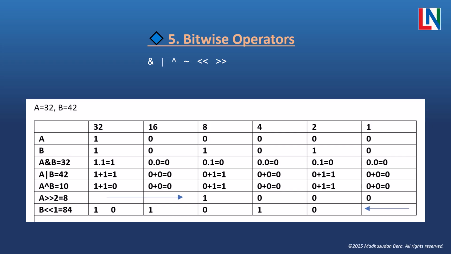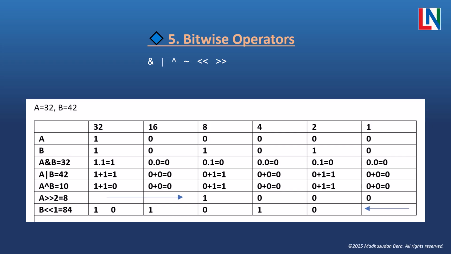Then a and b: just perform the product operation, 1 into 1 is 1, 0 into 0 is 0, 0 into 1 is 0, and so on, and finally we get 100000, which is equal to 32.